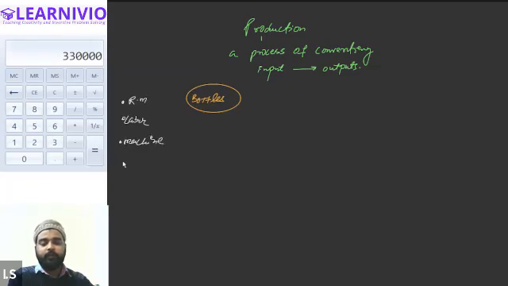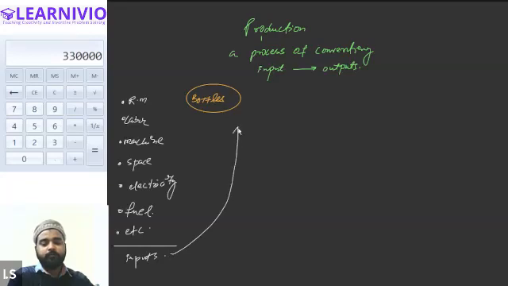He will also require space wherein the production will be carried out. And he will also require electricity for running the machine. He may also require fuel for running the machinery. There may be other things also. All these things that the producer will be using are collectively known as the inputs, right? And using these inputs, he will be producing the bottle. So this will be his output.